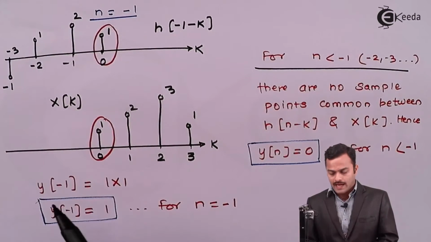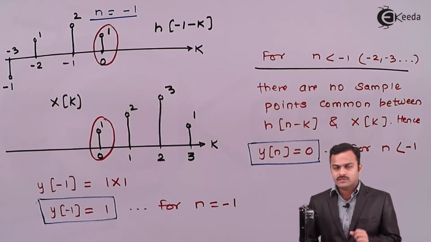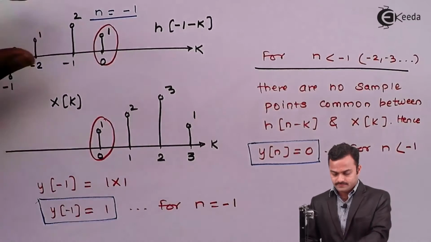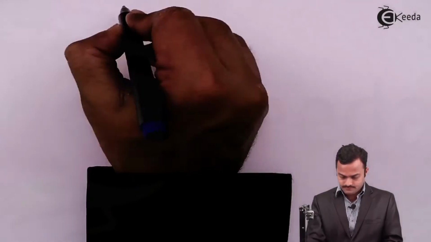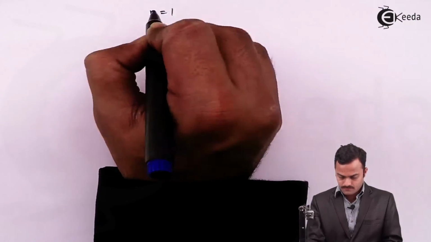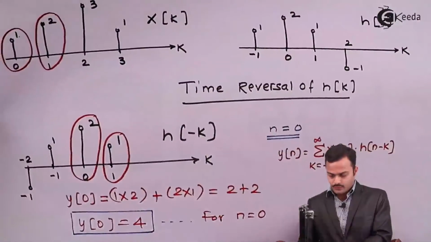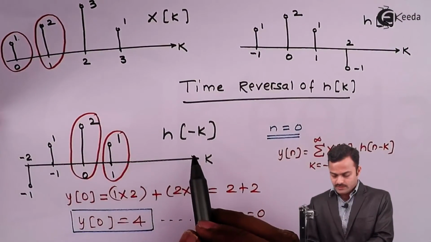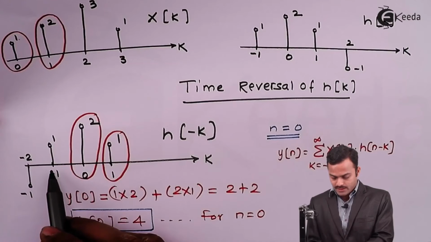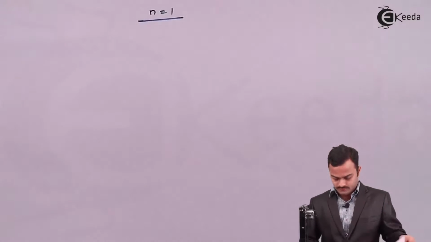Now let's go to the advancement of the signal, and which will start from n equal to 1. Now h of minus k, I'm going to advance by 1 unit. So it will have the span from -1 to 2.